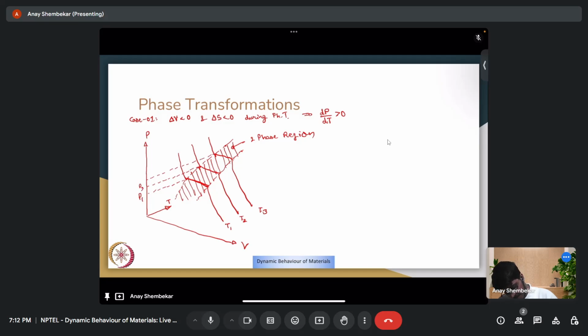Then we have this relation that T1 less than T2 less than T3 implies phase transformation pressure increases with temperature. So this is how it looks as a 3D plot.